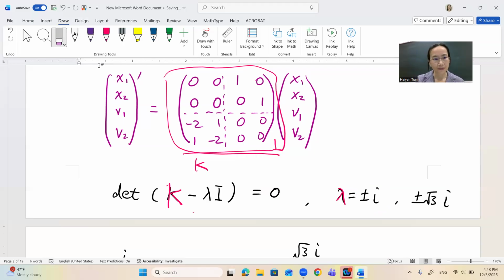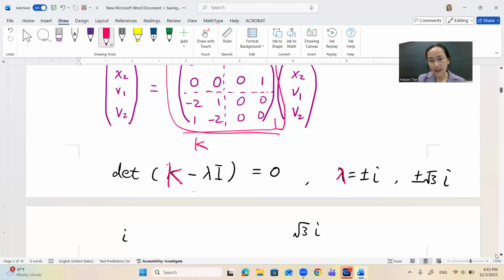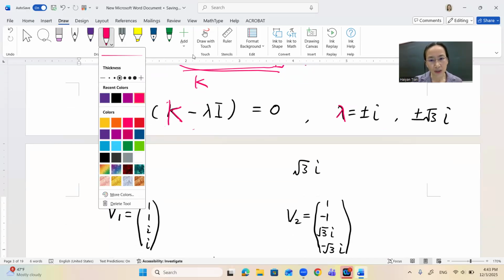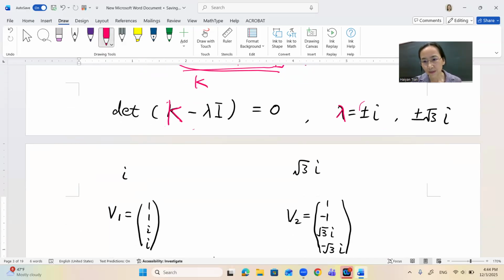So okay, we have a total of 4 eigenvalues. But for each pair, we just choose 1. For this pair of conjugate complex eigenvalues, we pick a positive i.